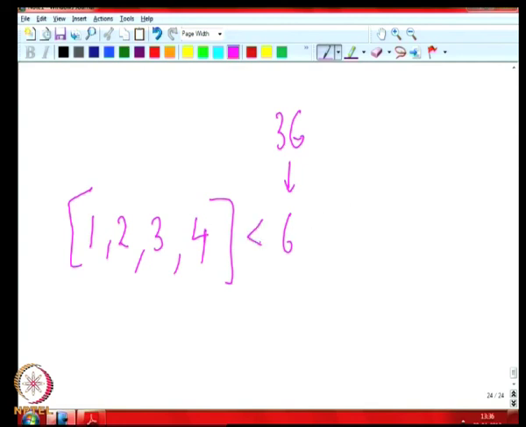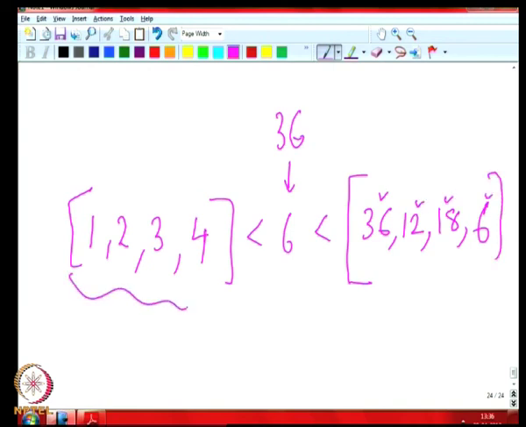The divisors of 36 which are above 6 are 36, 18, 12 and 9. There are 4 here, there are 4 here.